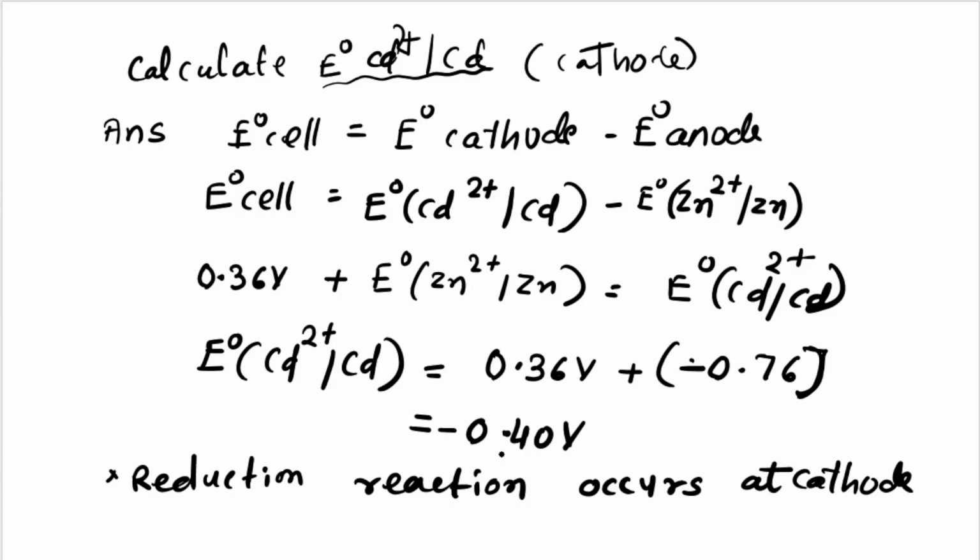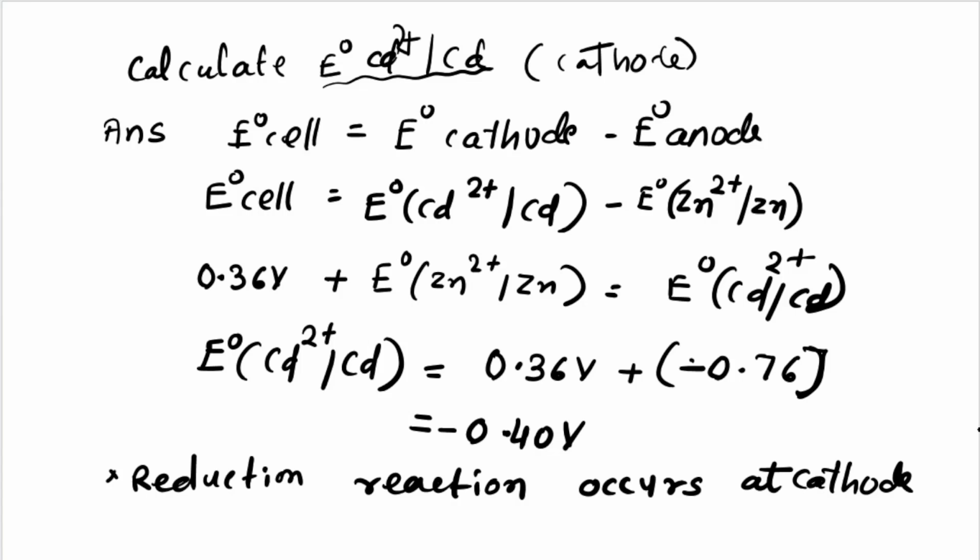Now you will get that minus 0.40. Now see, zinc is minus 0.76, and here cadmium is minus 0.40.